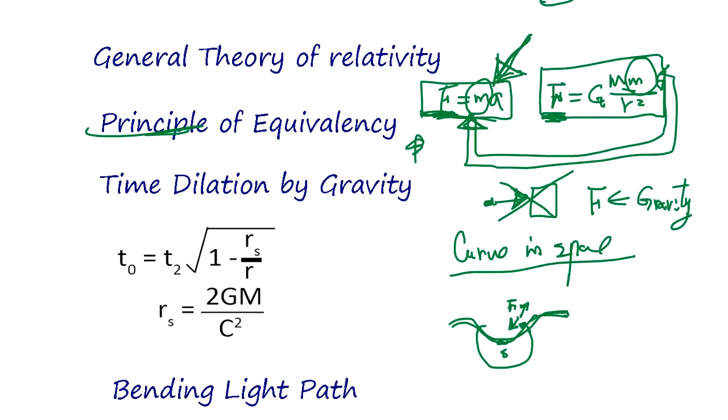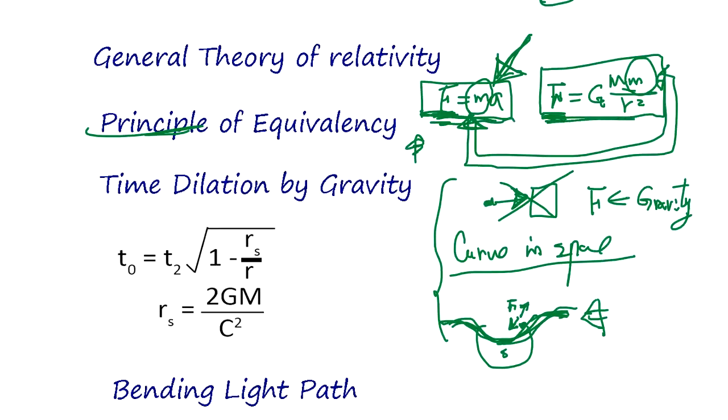Okay, so for Einstein, the mass that produces the force and the mass that produces gravity are equivalent by the general theory of relativity, since both come from the curve of the space.